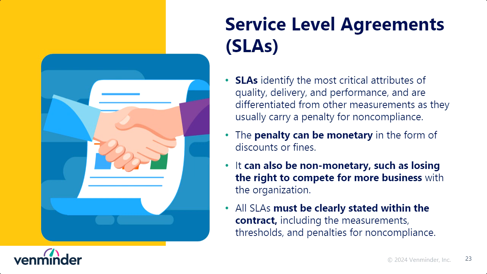I would recommend that if that was negotiated in. If not, you should consider that in the future. When penalties are included, they can be monetary penalties, or they could be in the form of discounts or fines. They can also be non-monetary, such as losing the right to compete for more business. While it's not stated, if you continue to see performance issues, you probably aren't going to buy more from them.